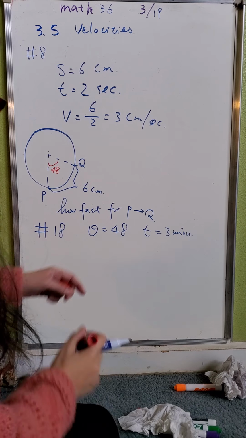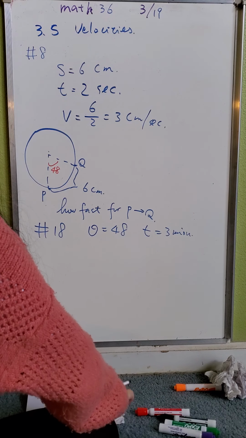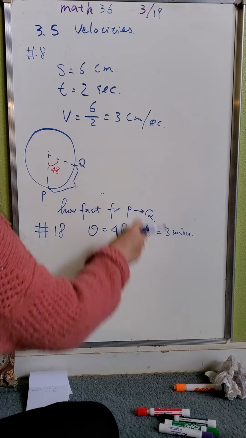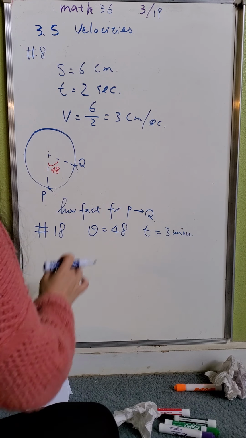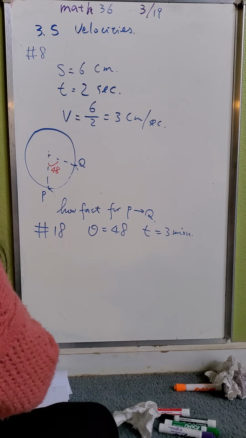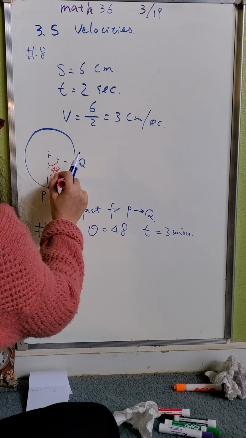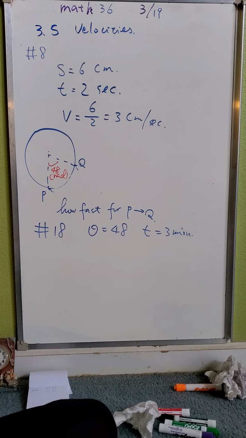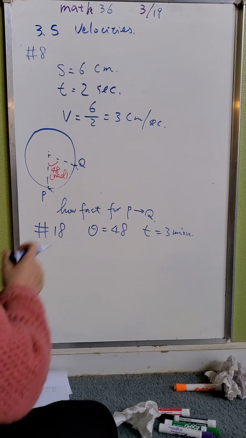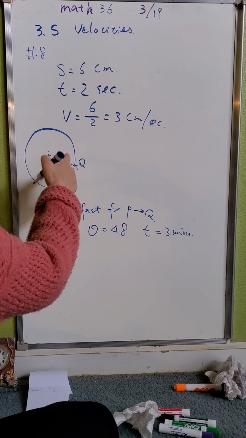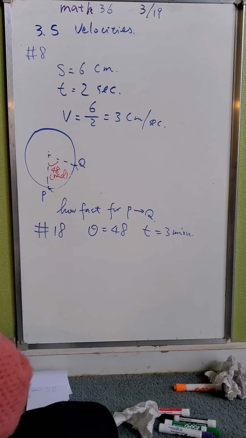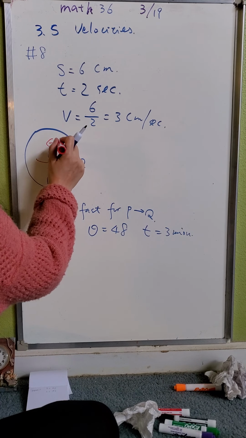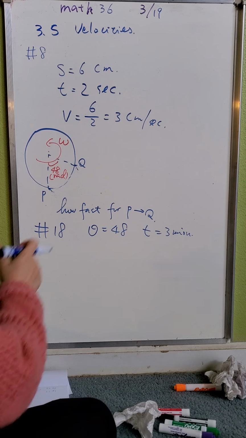Now, I'm going to erase this one. The 48, this is the origin radius. If it's not radian, they will tell you the degree. And this is the time for it to change, 3 minutes. They want to know what's the angular velocity, means how fast is the change.